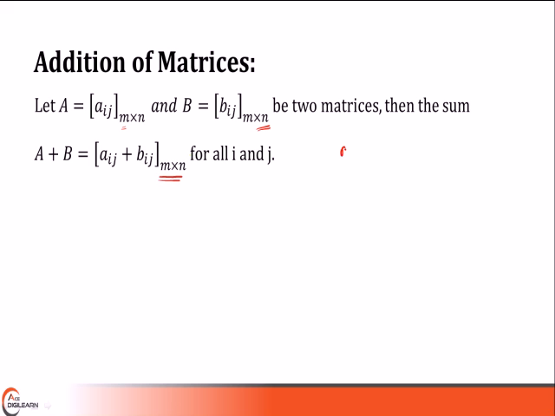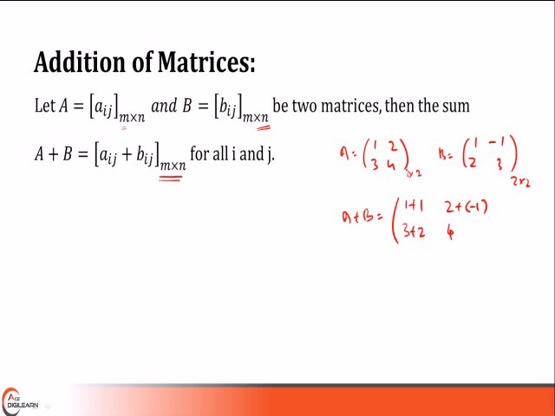So if you consider an example, matrix A is of order 2 by 2 and B is of the same order 2 by 2, then A plus B can be written by the definition 1 plus 1, 2 plus minus 1, 3 plus 2, 4 plus 3, which gives 2, 1, 5 and 7, which is of order again 2 by 2.